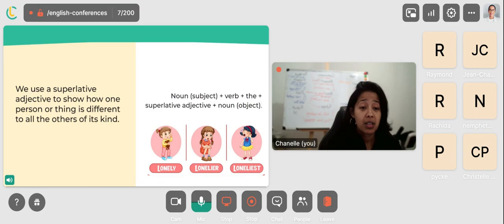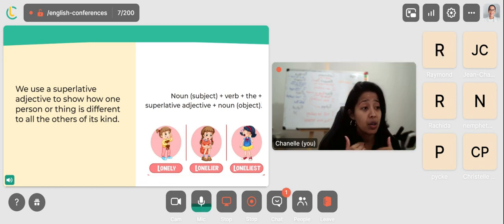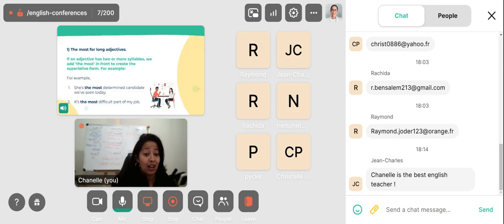So en français, vous dites que c'est la femme est la plus belle. La plus belle. So in English, we also use that la. The equivalent would be the. So let's have a look. The most for long adjectives.